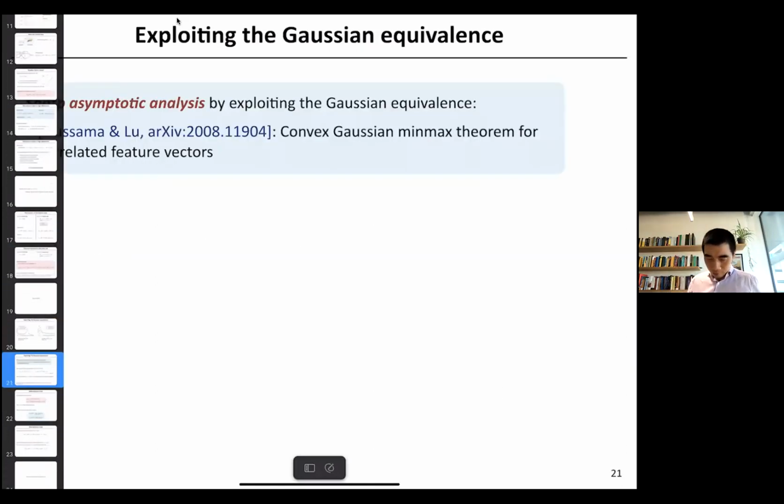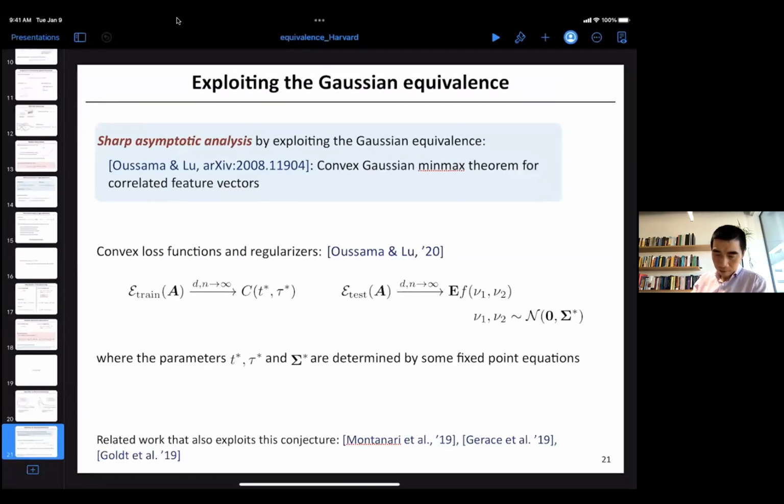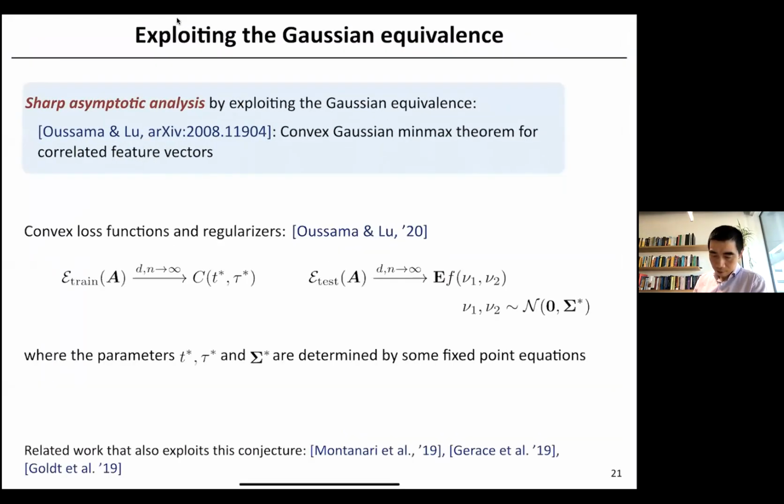All right. Let's go to this slide where we exploit the equivalence. So far, again, let me emphasize, we're not proving the equivalence, but just exploiting it for now. If A and B are equivalent, and B belongs to the Gaussian ensemble, we can have a lot of tools. And in this case, just analyzing this Gaussian model is an interesting problem in itself, because it's still not a very easy task.